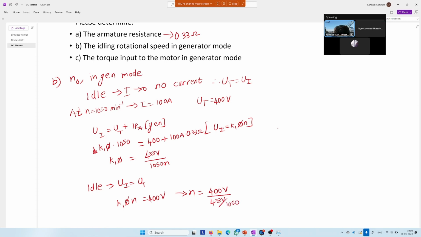That is 400 by 433 times 1050, which gives 969.9, so 970 rpm. You need to spin the shaft at least at this speed to ensure the generator reaches the network voltage, and as you spin it faster it starts making current.